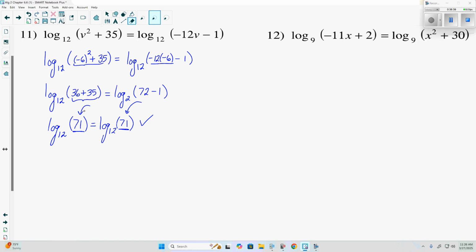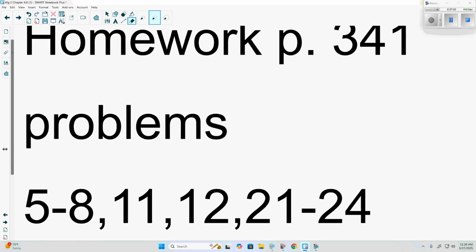We have to throw it out. So here, v or x is equal to negative 6 is our solution. Even though it does show up twice, it is our one main solution. Questions on this here? And that is it.